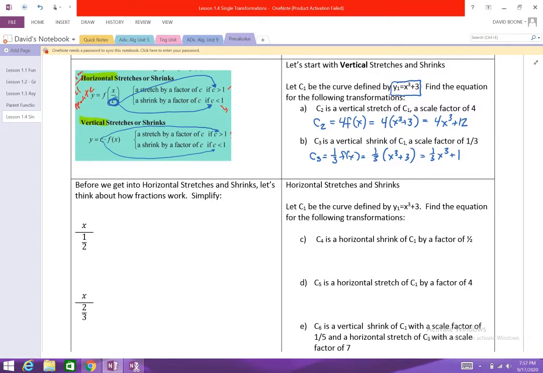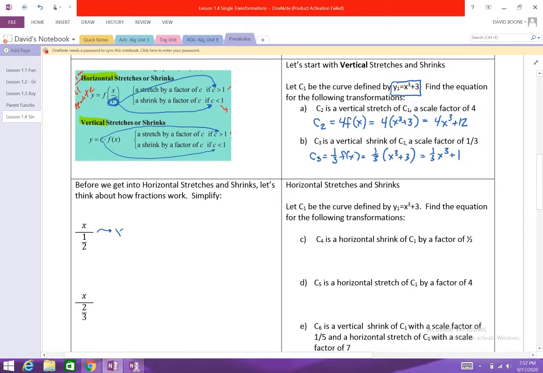All right. Now, just a little practice, because when we get to horizontal stretching and shrinking, this involves division, and if we're dividing by a number less than 1, we're dividing by a fraction. So I just want to review some of the things we do with fractions. Let's get a little practice real quick. If I look at this expression right here, it's x divided by 1/2.